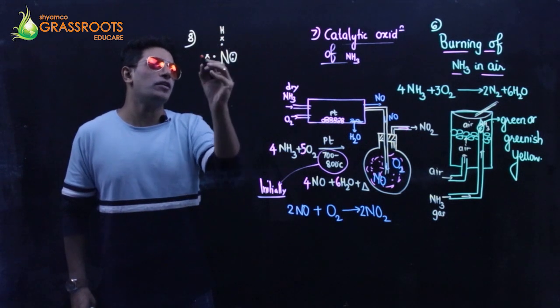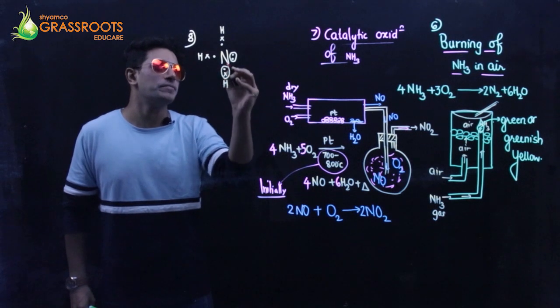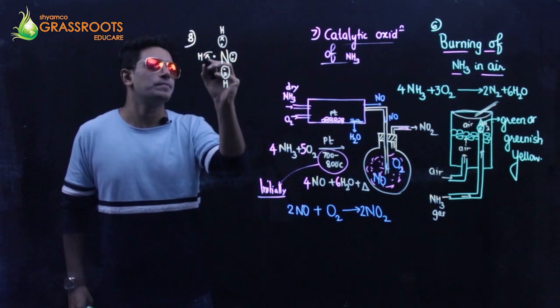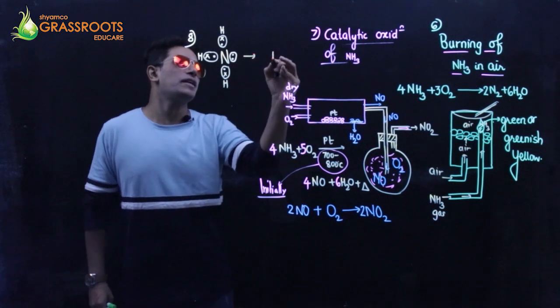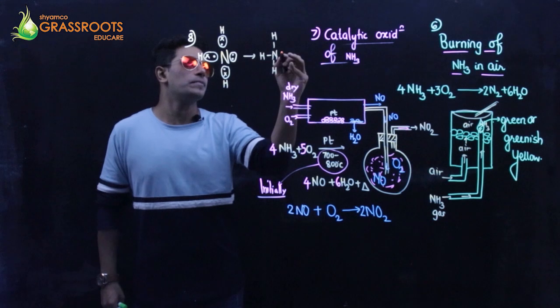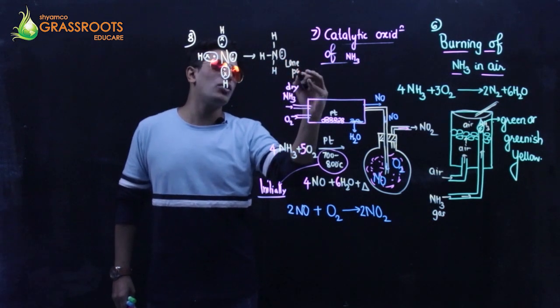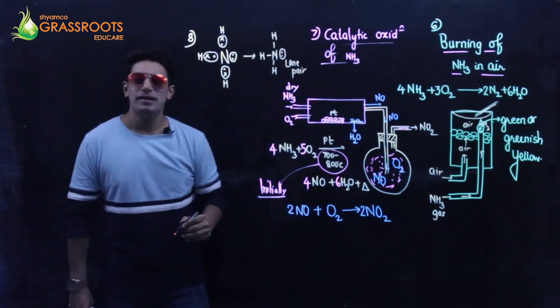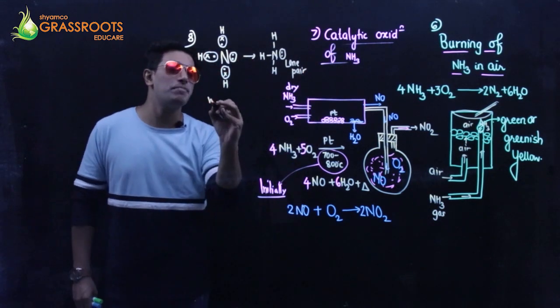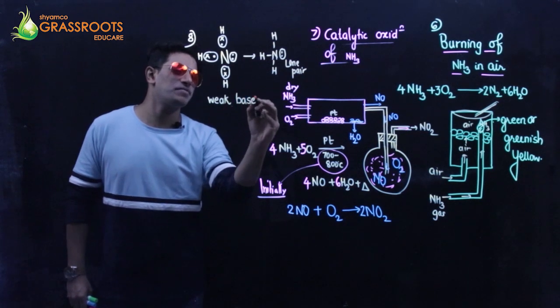So if I draw a cross and dot structure, it becomes this way, forming NH3 and one lone pair. And because of the lone pair effect, students, I can say ammonia is a very weak base. Super weak. It's a very weak base.